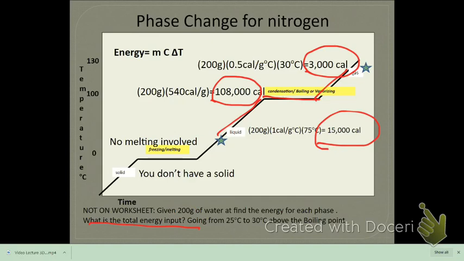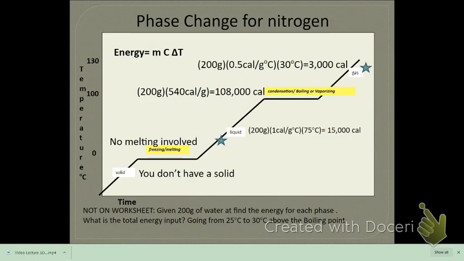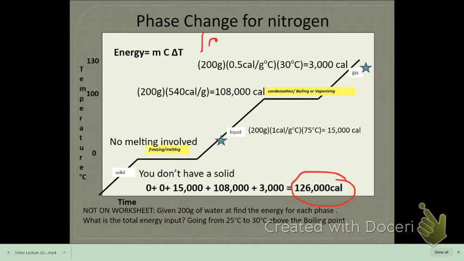Hit the equal sign and see if you got what I got. My answer is 126,000 calories. And again, if I said I wanted it in joules, since one calorie is equal to 4.184 joules, I would just multiply this by 4.184, and that will give me my answer in joules.